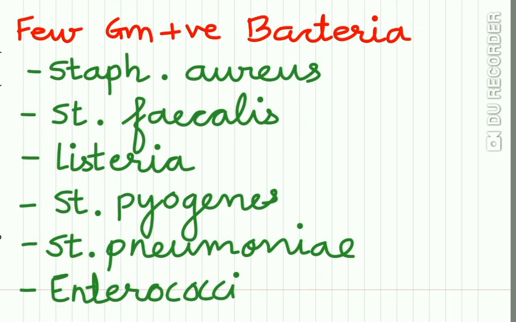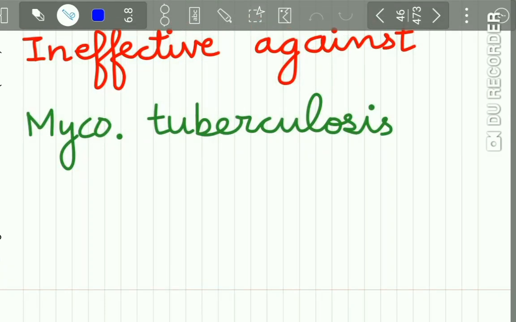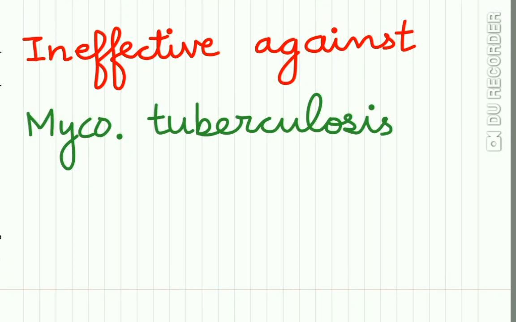Then, a few gram-positive bacteria are also susceptible, such as Staphylococcus aureus, Streptococcus faecalis, Listeria, Streptococcus pyogenes, Streptococcus pneumoniae, and Enterococci. While gentamicin is totally ineffective against tuberculosis.